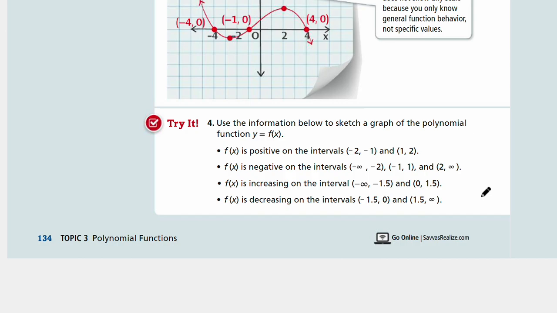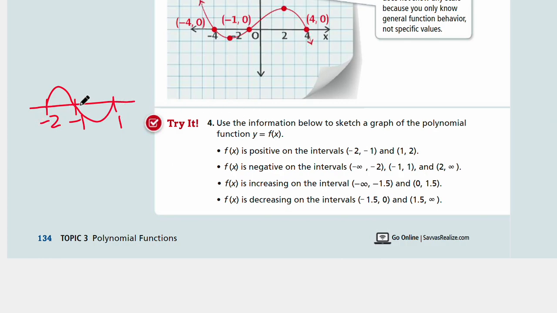All right, are you ready? Let's look at the first verbal expression. f of x is positive on the intervals negative 2 to negative 1 and 1 to 2. So you already know there are going to be x-intercepts, right? It's positive from negative 2 to negative 1, so then the graph has to come back down at negative 1, and it's negative from negative 1 to 1.